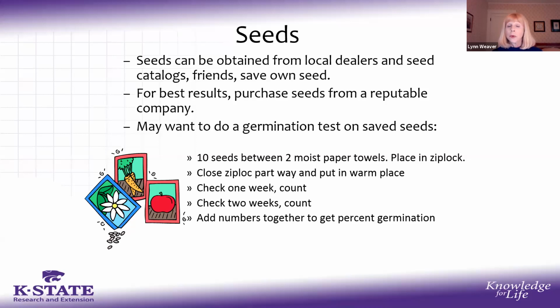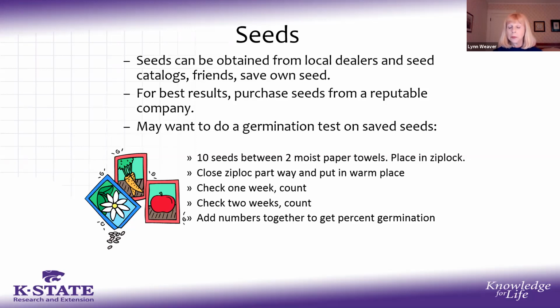Leave it alone for 1 week, go back and count the number of seeds that have germinated. So how are you going to know they've germinated? Well, they're going to look different than when you put them in there. You might see a little white root coming out one end of the seed or a little green something. Those seeds are on their way.